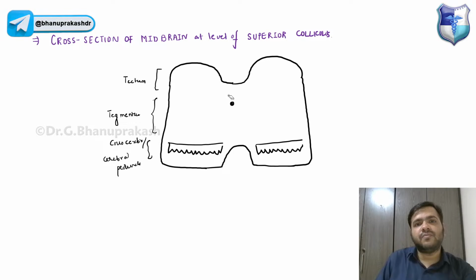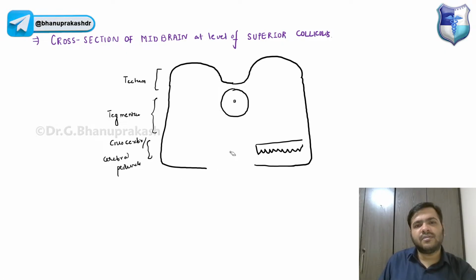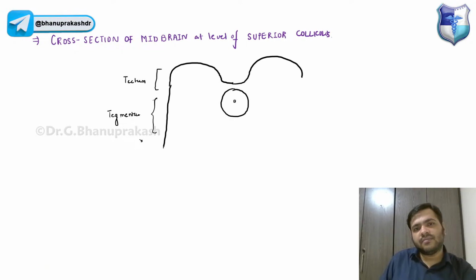Let me draw it bigger. Let us make it a little big, guys, because I have to show the decussation also. I'm just trying to increase the length of this tegmentum part.